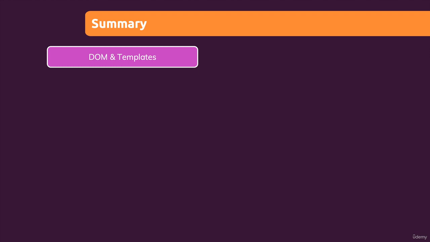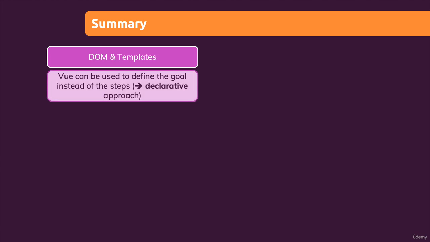You learned that Vue has this core idea of letting you define the goal rather than the individual steps, so that it follows that declarative approach where you define how your page should look like and which parts on the page might be dynamic, and you let then Vue figure out how to get there.